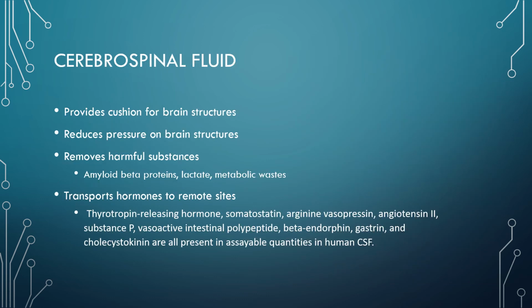CSF, or cerebrospinal fluid, is produced in the choroid plexus, which is a structure located in the back or lateral part of the third and fourth ventricles in your brain. And then it flows through the ventricles and around the brain. Main purpose is a cushion for brain structures to reduce pressure on brain structures.